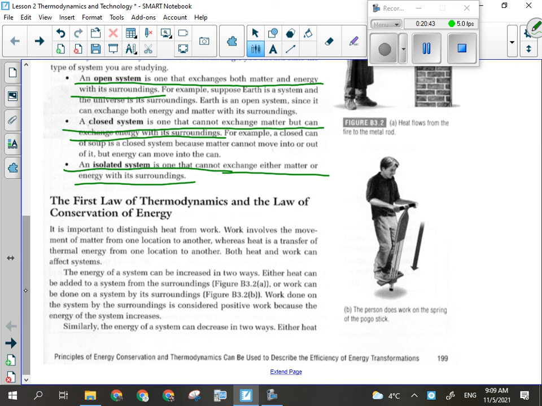If I do work, I'm transferring energy to the system. Okay, if heat is transferred to the system, its temperature will go up. Its thermal energy will increase. Okay, but the reverse is also true. If the system does work on something else, it's transferring energy away. Okay, if it transfers heat, it's losing thermal energy to something else. Okay, those are the two ways that the energy of a system can change: heat and work.